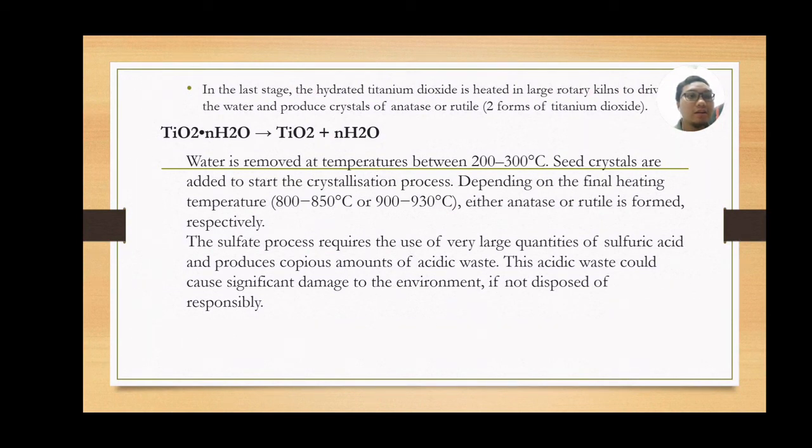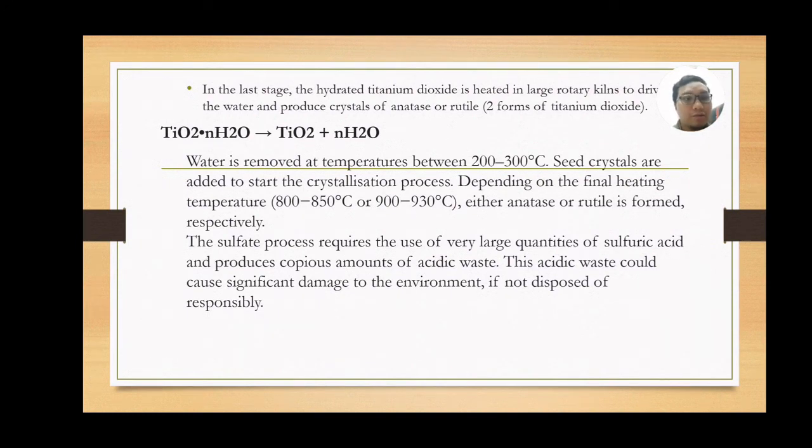Seed crystals are added to start the crystallization process. Depending on the final heating temperature, around 800 to 850 degrees Celsius or 900 to 930 degrees Celsius, either anatase or rutile is formed respectively.